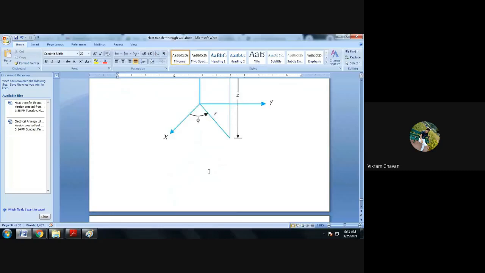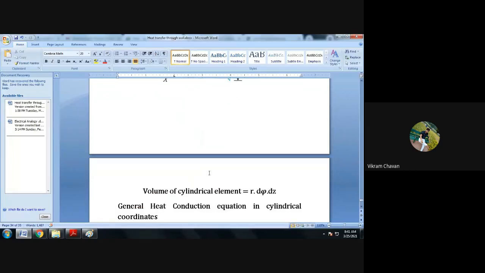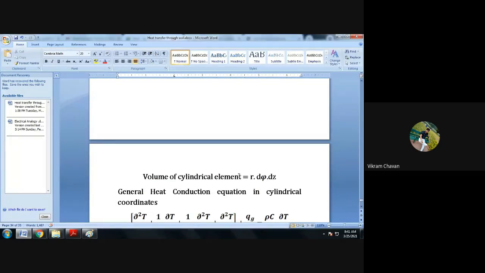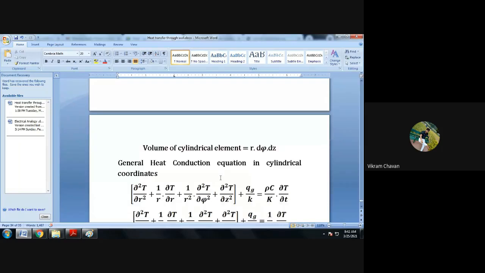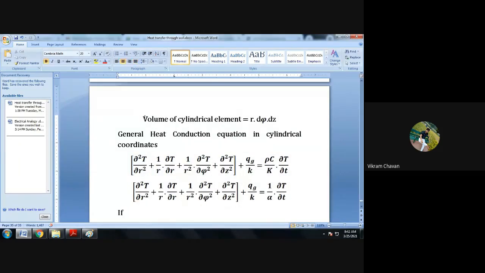Over. Now, next, if you consider any element of a cylindrical geometry, the volume of that cylindrical element will be written as R multiplied by d phi multiplied by dz, where R is the radius, or the distance from the center line.